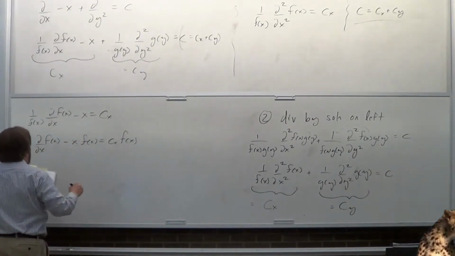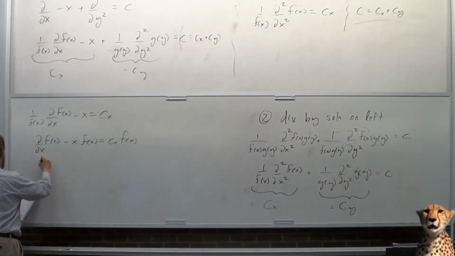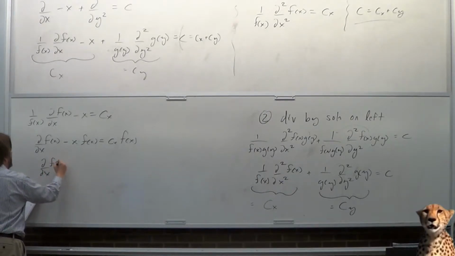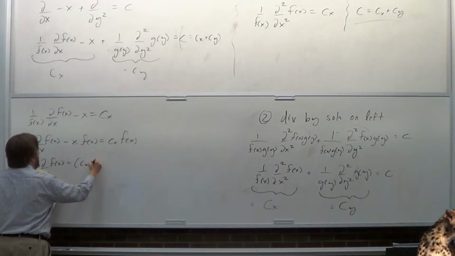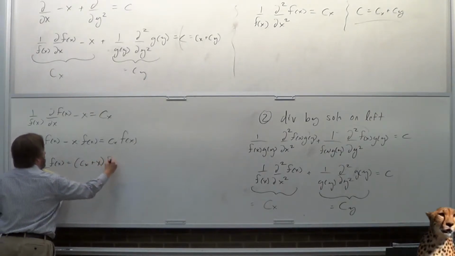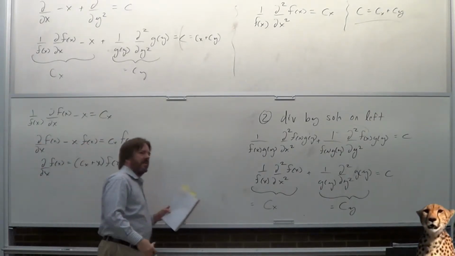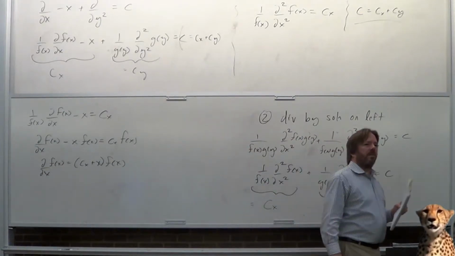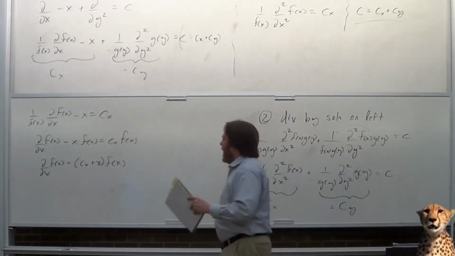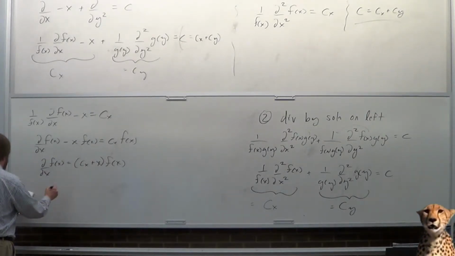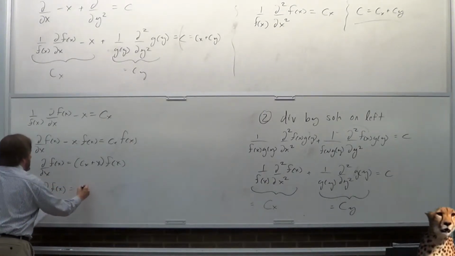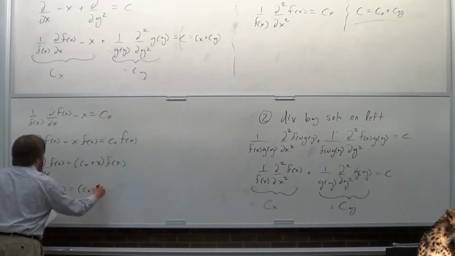Okay, now, note that what I can do is I can factor. I don't know what to do with this, but I can actually factor the f of x out on the right. So I just brought the f of x over to the right, and then I factored it. Now what I can do is this. I'm going to have the partial of f of x equal to c(x) plus x.